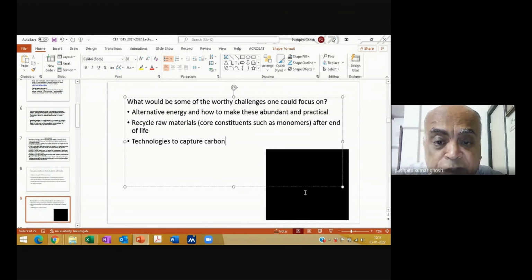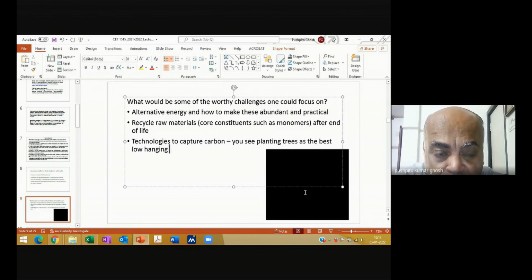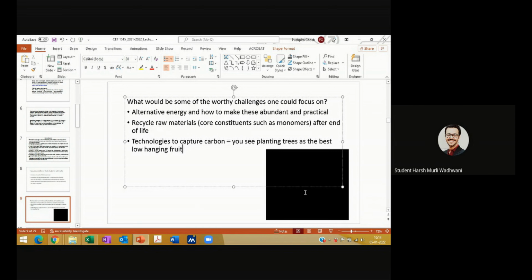Okay? Technologies to capture carbon, and you see planting trees as the best low-hanging fruit. Correct? That's what you mean, isn't it? Yes, sir. So basically, you have to find ways to plant more trees, like vertical farming and stuff like that.